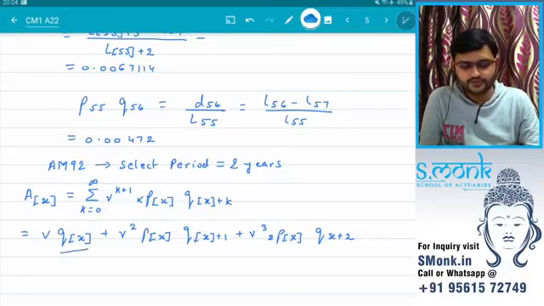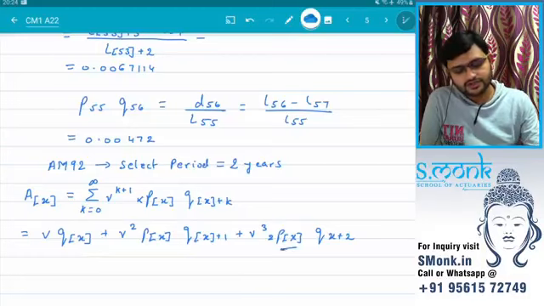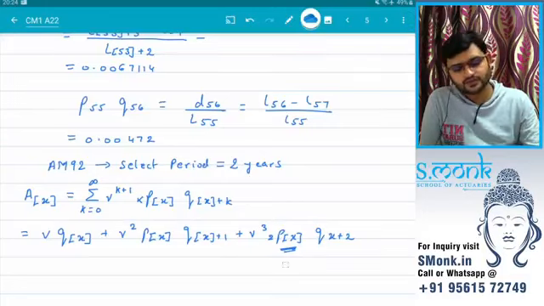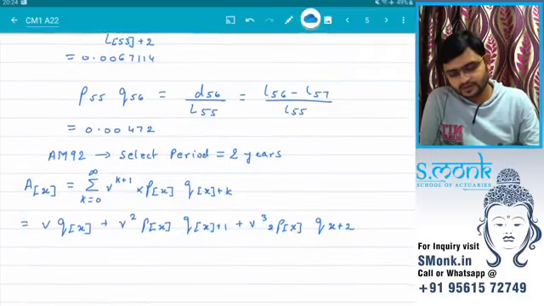So only for 2 years the select affected the values, but of course here, because we are saying that we started at age x, that is why it is still having the select value. Okay. This goes on forever.